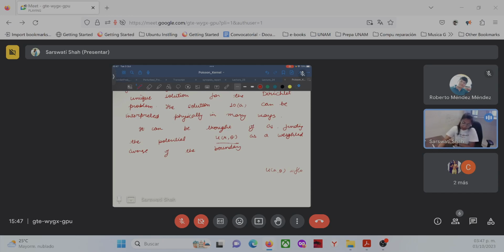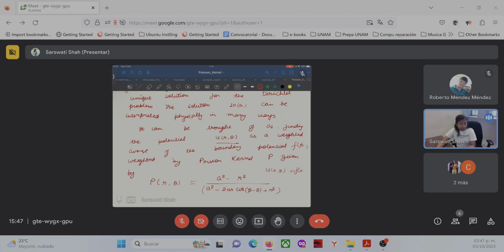So as a weighted average of the boundary potential f(phi), weighted by the Poisson kernel P, given by P(r, theta) equals (a square minus r square) over (a square minus 2ar cos(phi minus theta) plus r square).